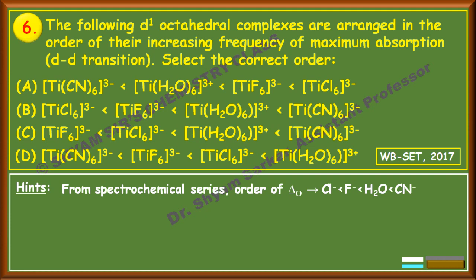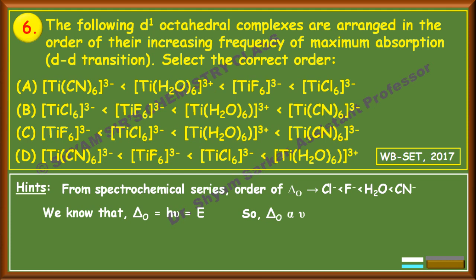So CN minus has the highest delta O value and Cl minus has the lowest delta O value in these cases. One relation you have to remember: delta O is equal to h nu, that is, E equals h nu, which is equivalent to delta O. So there is a direct relation between delta O and nu. Delta O is directly proportional to nu, which is frequency.